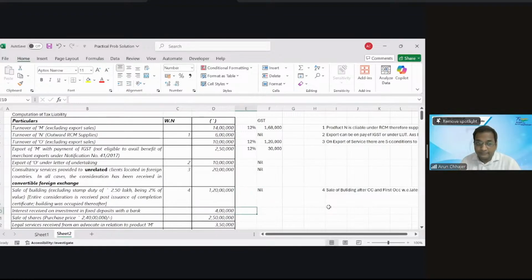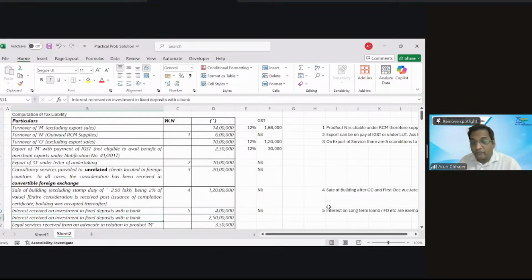Can say nil. Interest received on the bank, interest on long-term loan, fixed deposit, etc. are exempt supply. So therefore no GST.